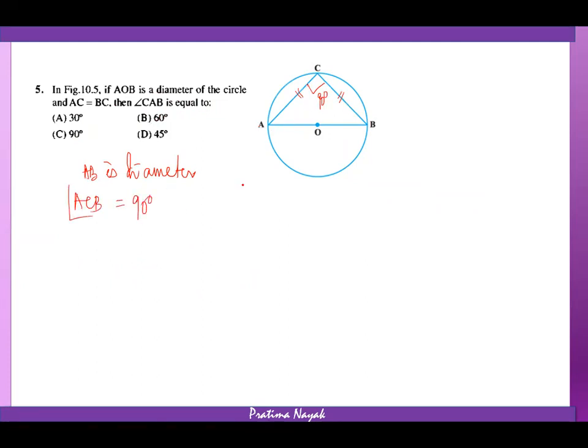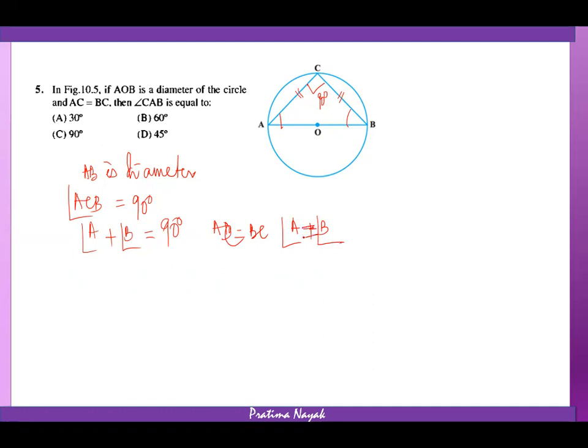Then the rest, angle A plus angle B is equal to 90 because by the angle sum property, three angles make 180 degree. Now when AC is equal to BC, two angles are equal. Which one? A is equal to B. Then both sum is 90 and equal to each other.